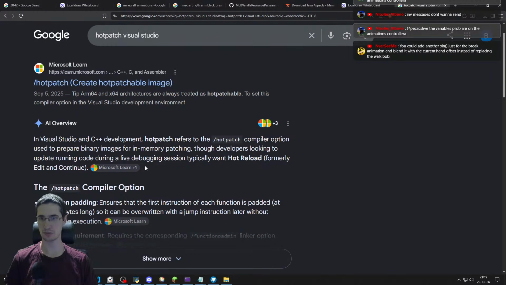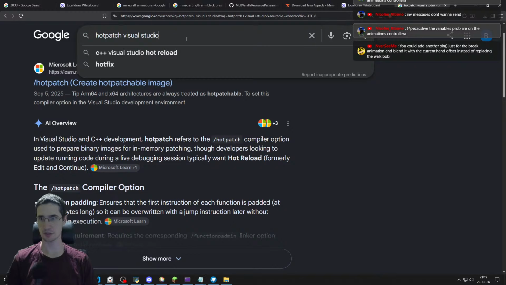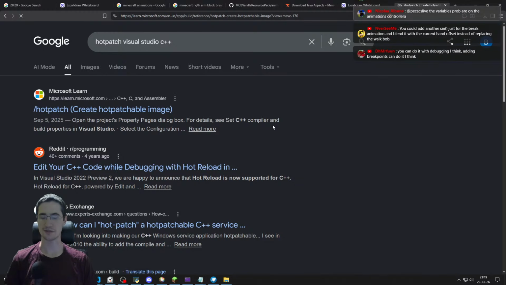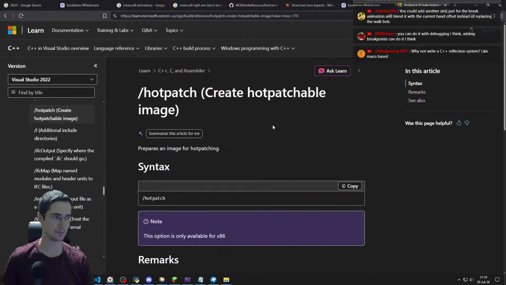Oh, it's a compiler option. Interesting. If this makes it possible to easily play around with the parameters, we will not need ImGui. You can do it with debugging, I think, adding a breakpoint. But if we do a breakpoint, it will pause the whole game, and we will not be able to interact with it in real time.